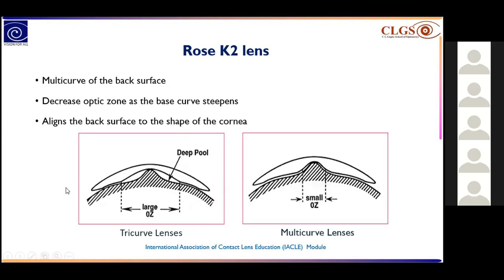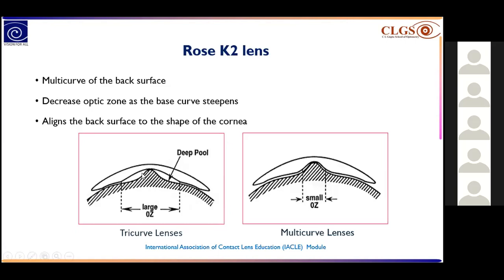In conventional RGP lenses, the back optic zone is larger. If you fit this type of lens in a patient who has advanced keratoconus, where the cone becomes steeper, the alignment of the lens on the cornea becomes curved.